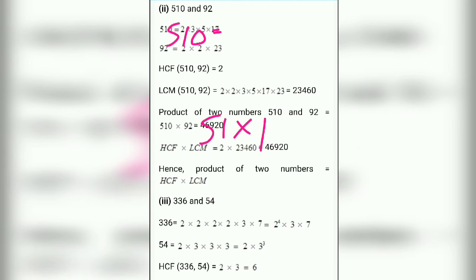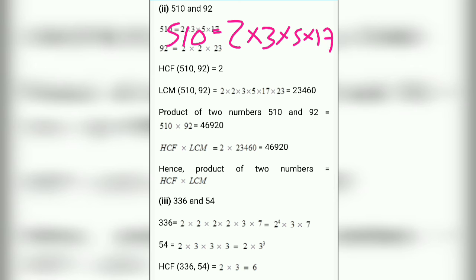Okay, 2 multiply 3 multiply 5 multiply 17, and the second number, that is 92. Okay, so first of all we can write here 2 because 46 twos are 92. Again we can write 2 because 46 is 23 twos, right?